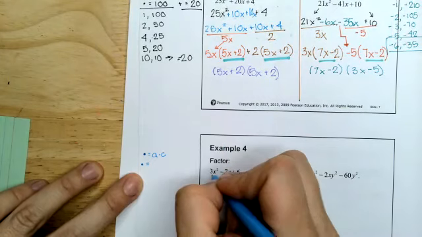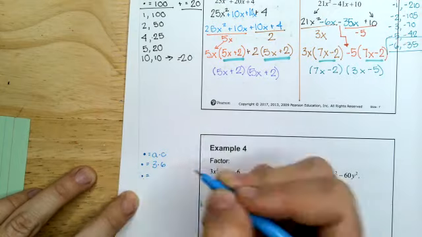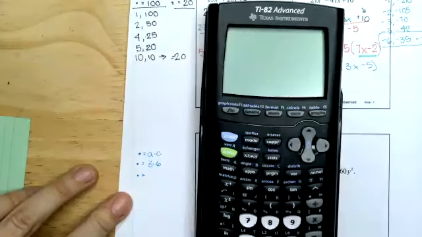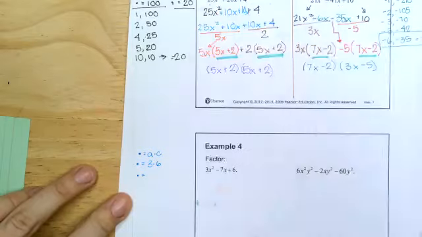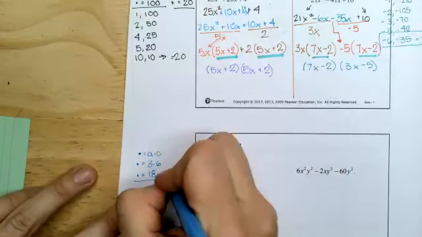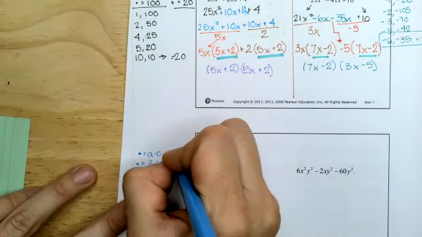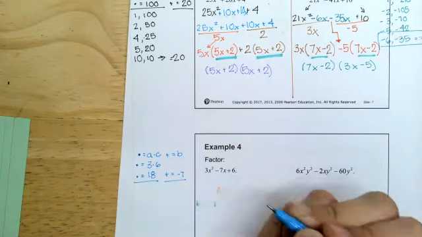So it's going to multiply to equal 3 times a positive 6. 3 times 6 is 18, right? And it needs to add to equal b. Those rules don't change. B is a negative 7. Don't forget the negative sign, okay?